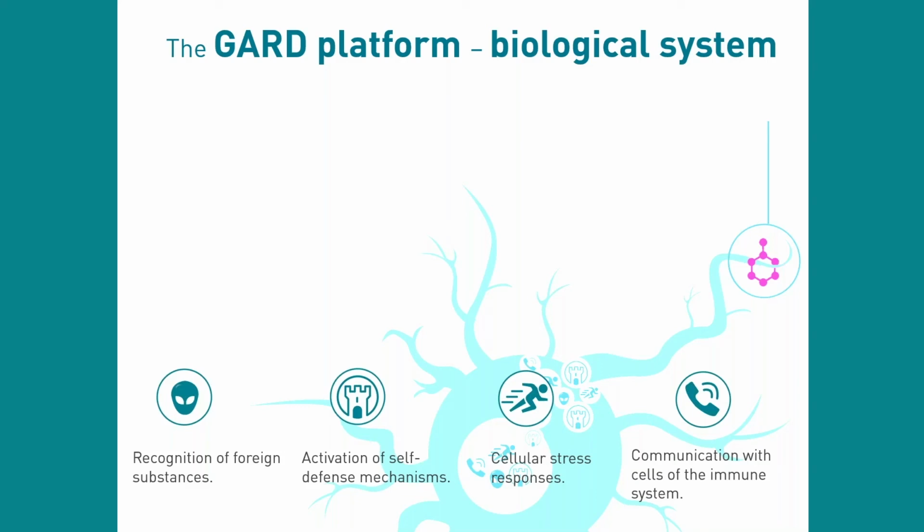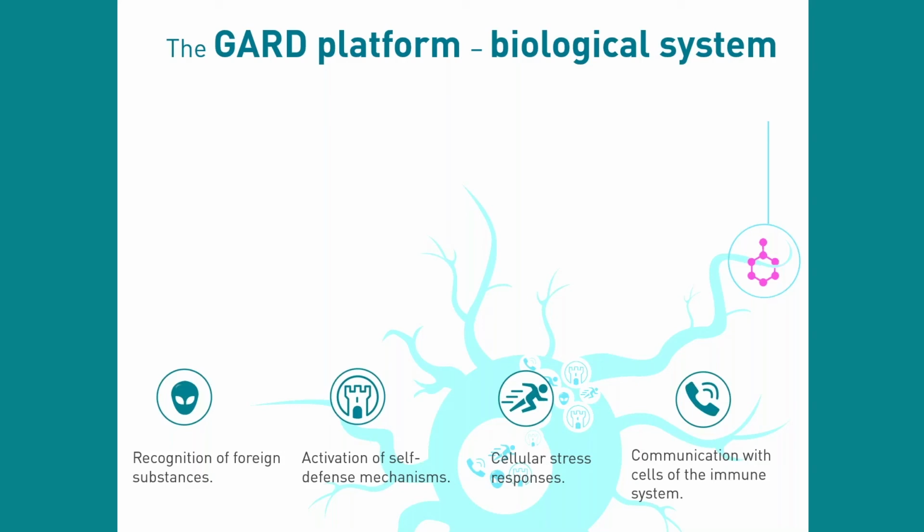First of all, they have different types of receptors for recognizing foreign substances, which may in turn activate different self-defense mechanisms. You might also have different cellular stress responses, such as, for example, oxidative stress. And they may also upregulate different types of receptors that allow them to activate the adaptive immune system.